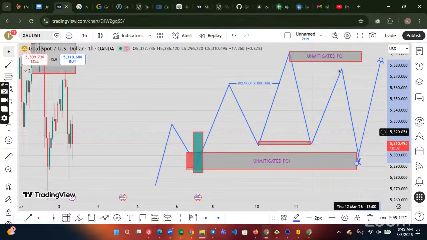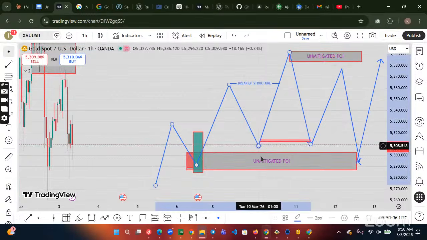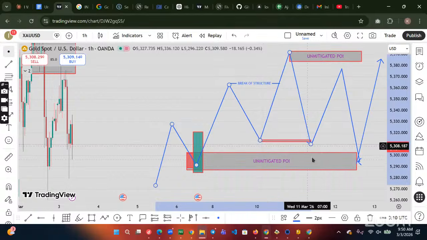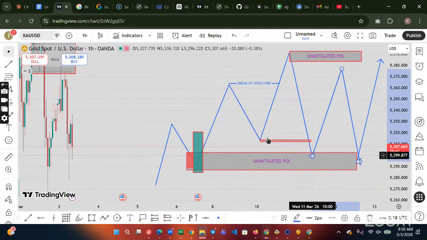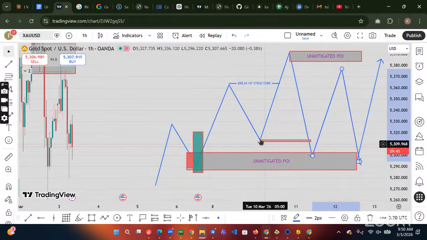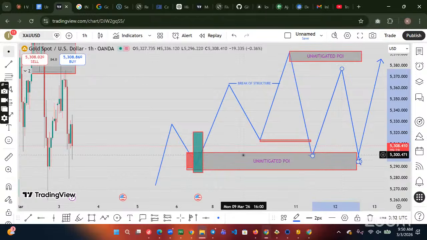And then the moment it comes to this fresh, remember, fresh means at no point did price get to your POI. Everything stayed above your POI. So if the market comes in, it means that they have taken out all the traders that did set their buy limit at this point, and then market comes in and moves up because it is fresh.